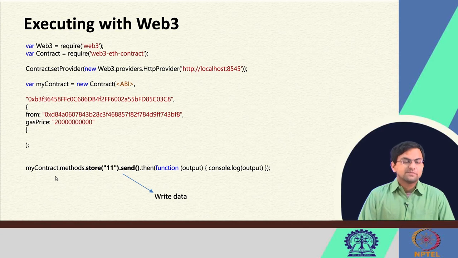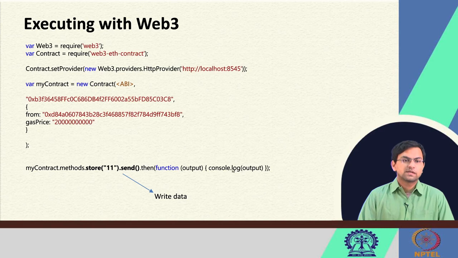So the store function takes the number 11 as input, which will be stored back to the ledger, and since it is editing or storing some data to the ledger, we need to specify send. In contrast to call, where we just read some data, send writes the data back to the ledger. Then we do a dot then and console.log.